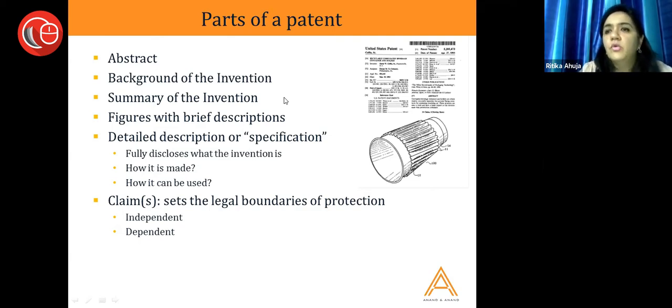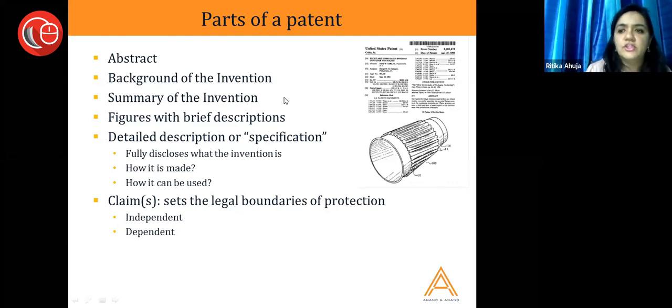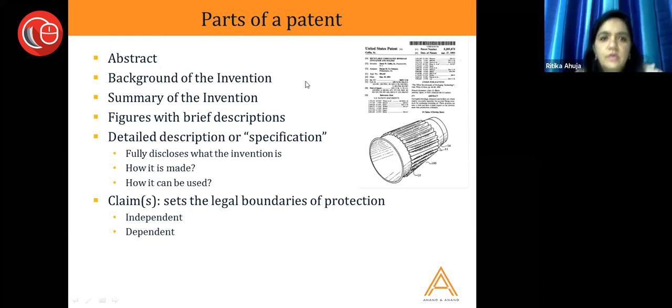What does it contain? It actually defines the legal boundary of an invention. It does not just talk about technical things. It's a techno-legal language of writing your invention. This is the way I can summarize a patent application.